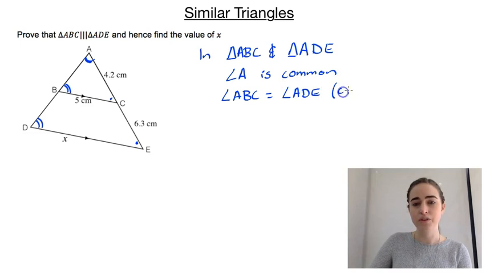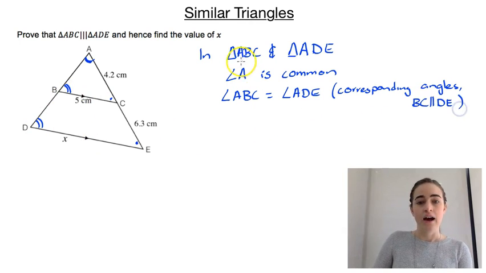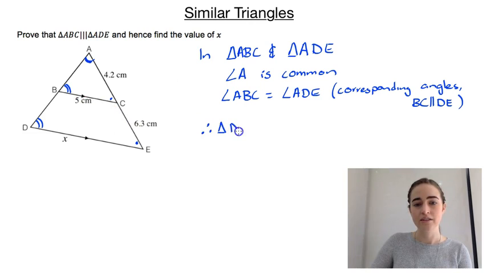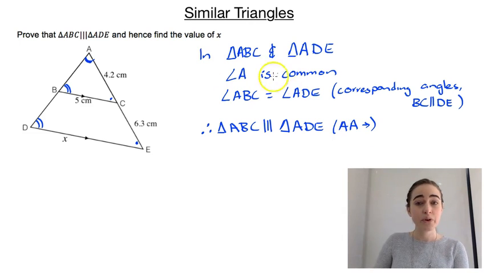And the reason is corresponding angles, and then we need to write our parallel sides as well, which is BC parallel to DE. So we've got our two angles, which then means that a third one has to be equal as well, but we don't need to show that. So therefore, triangle ABC is similar to triangle ADE. And our reason is the AAA test, or you can write AA and then an arrow. So that's proof that they're similar.